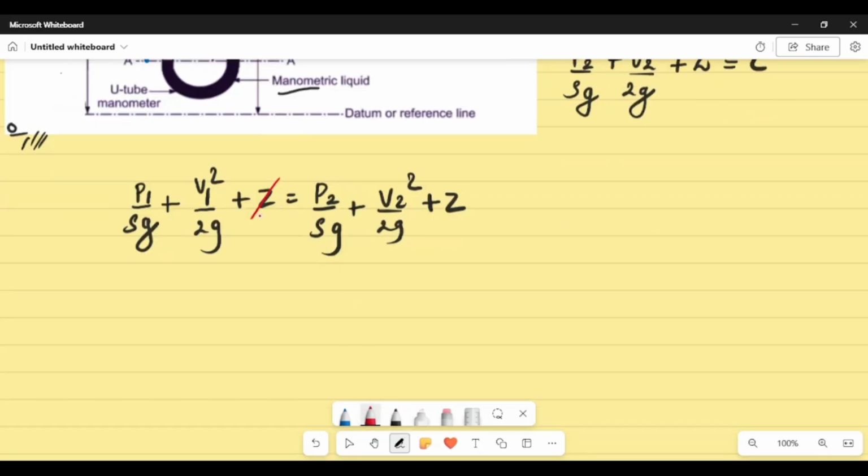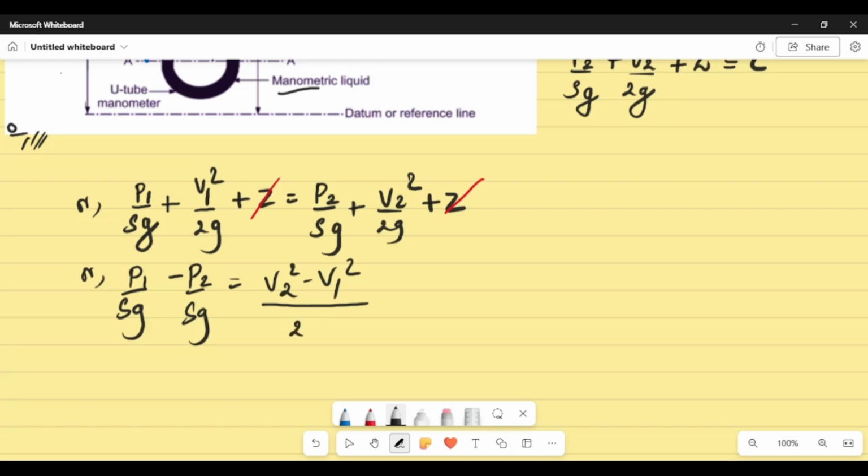We can safely exclude these two terms from the equation, right? And now our equation, if I rearrange it, I can write as P1 by rho g minus P2 by rho g equals to V2 square minus V1 square by 2 times of g.